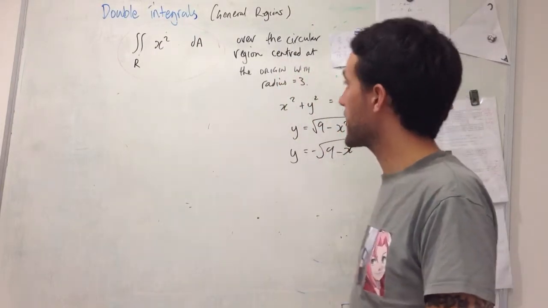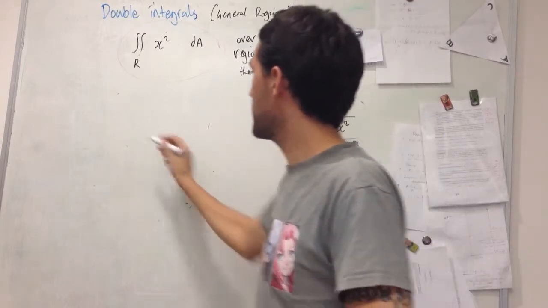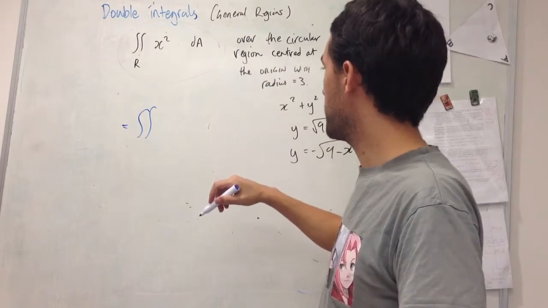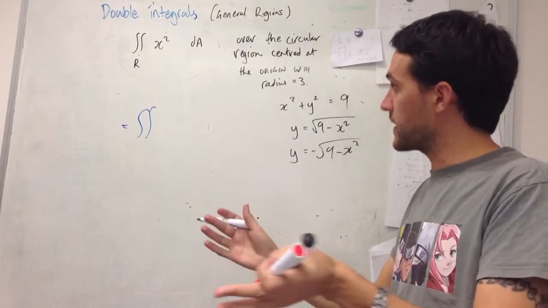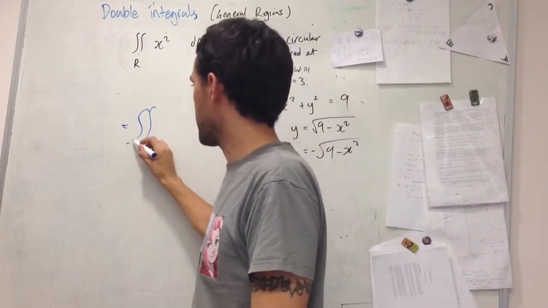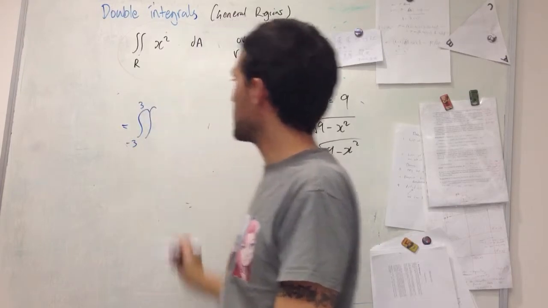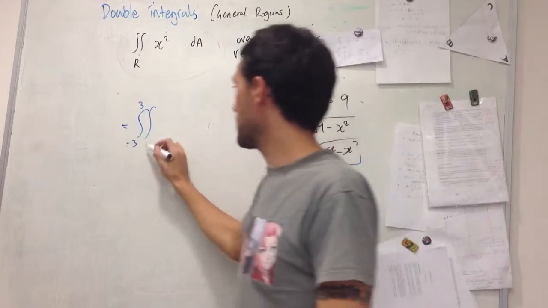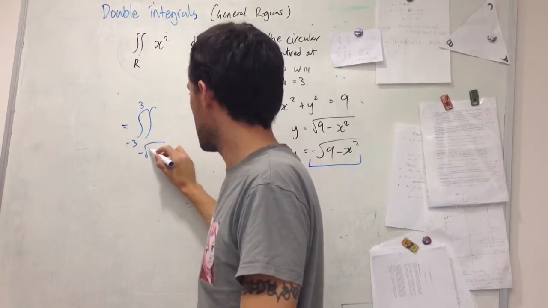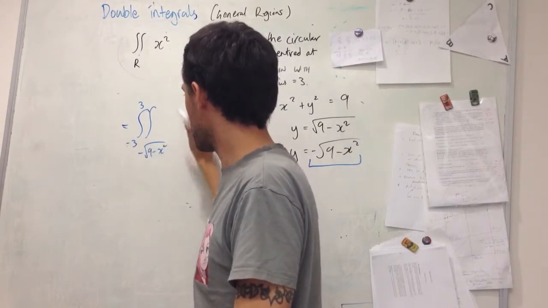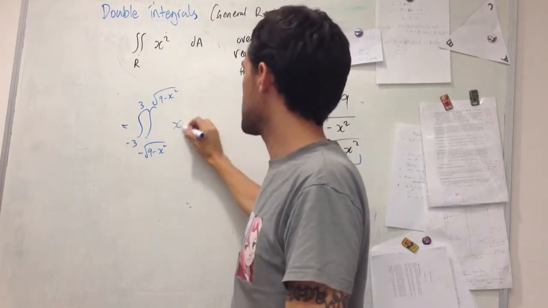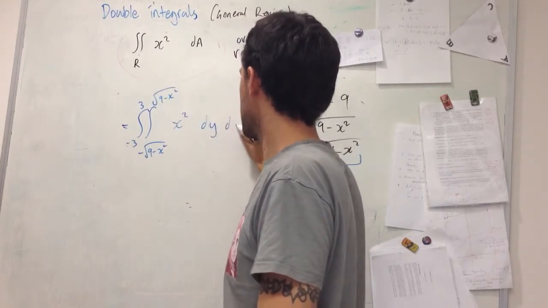Okay, so what I make this integral become is, remember the radius is 3, so I'm going from negative 3 to 3 for my x values. For my y, I'm going from the lower half, negative square root of 9 minus x squared, to the top half, square root of 9 minus x squared, and I'm integrating x squared dy dx.